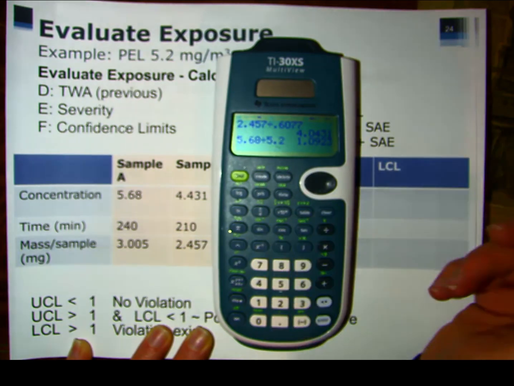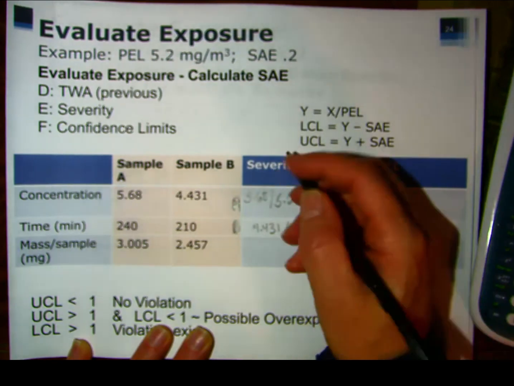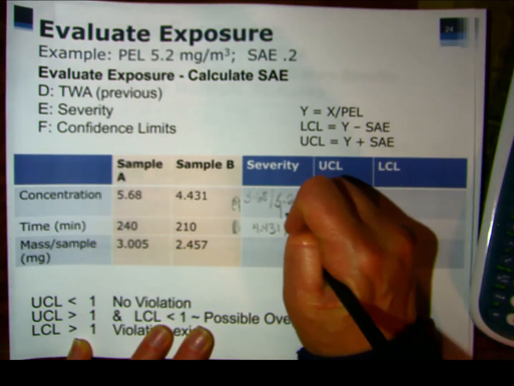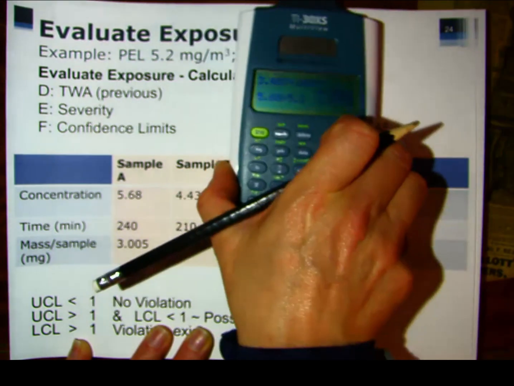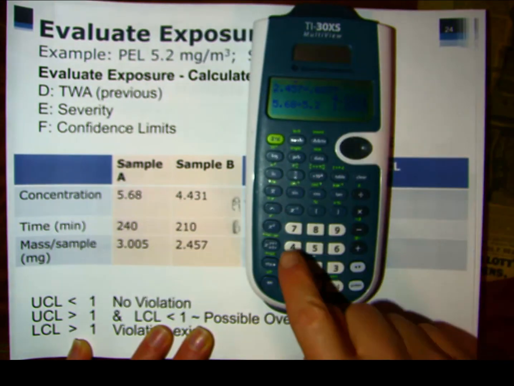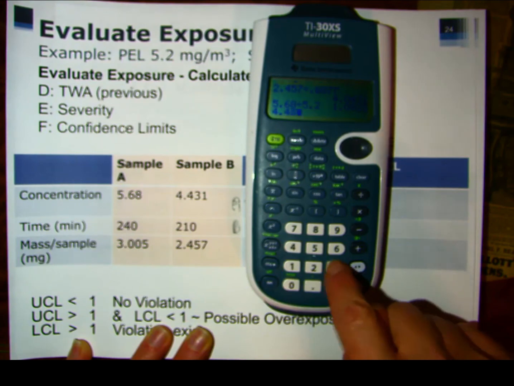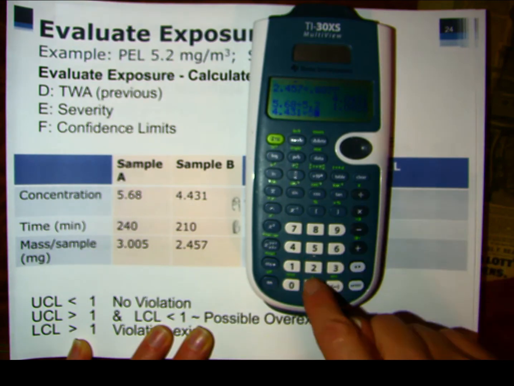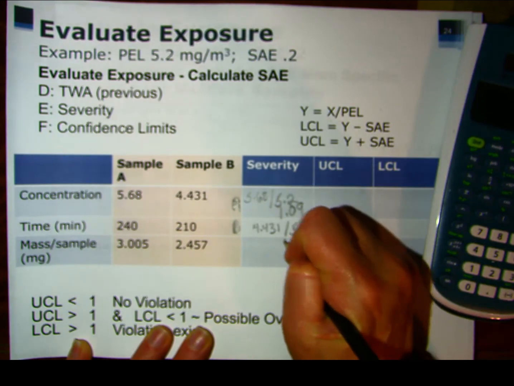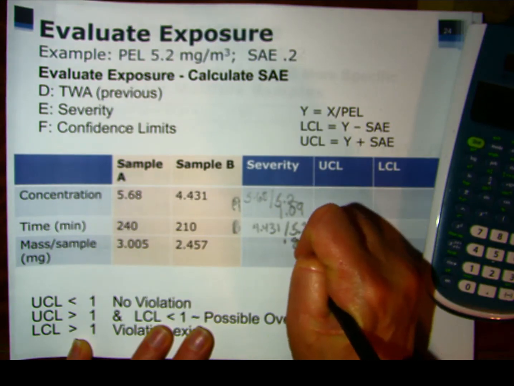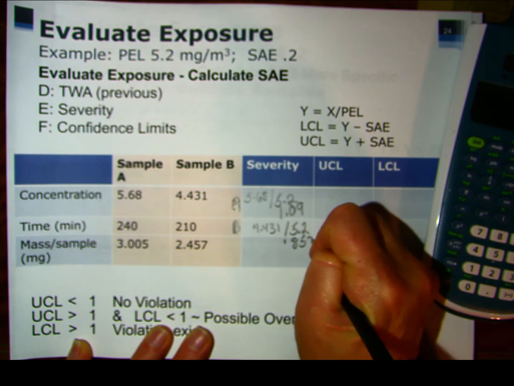So our severity is 1.09 for sample A, and for sample B, it's 0.852.